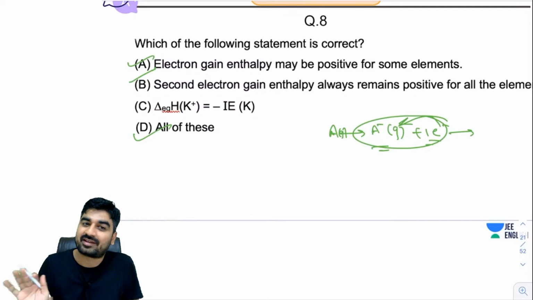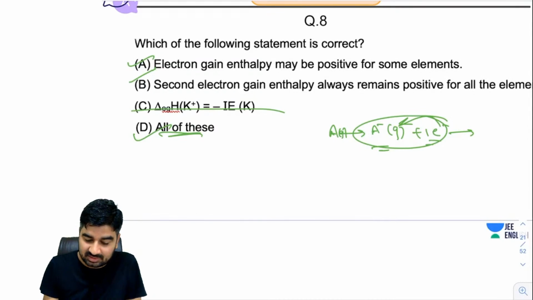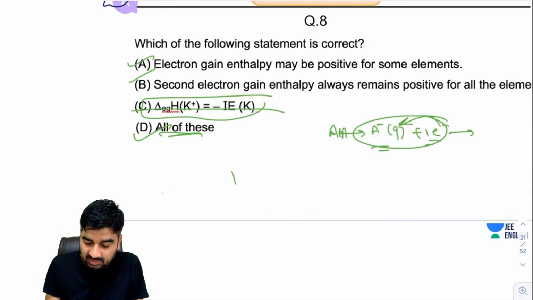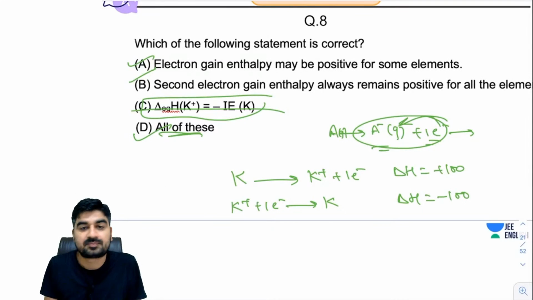So all are correct. I am not even studying C, but let's see the concept behind C. This is for the exam. If you are 100% sure about all of these, then you don't need to read it. But this thing also we discussed. If I write K giving you K plus and 1 electron, I told you if delta H is plus 100, then if I write K plus and 1 electron, I will get K, delta H will be minus 100.